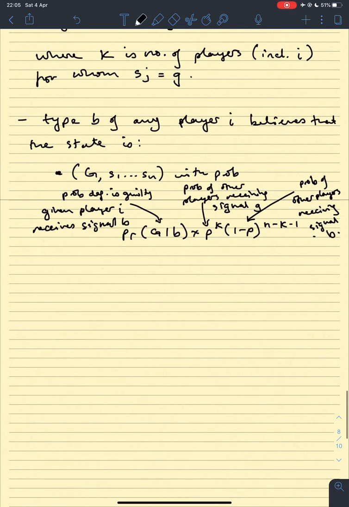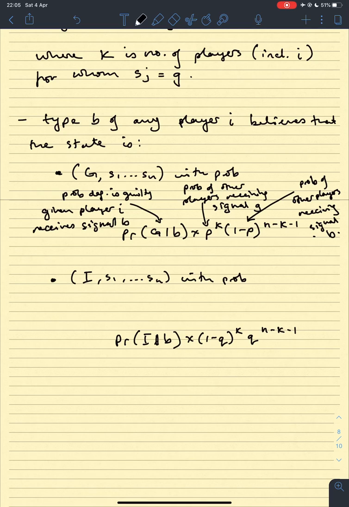And type B of any player i believes that the state is I, i.e. believes that the defendant is innocent, with the following probability. So it's the probability of the defendant being innocent given that player i receives the signal B, multiplied by 1 minus q to the power of k, multiplied by q to the power of n minus k minus 1.